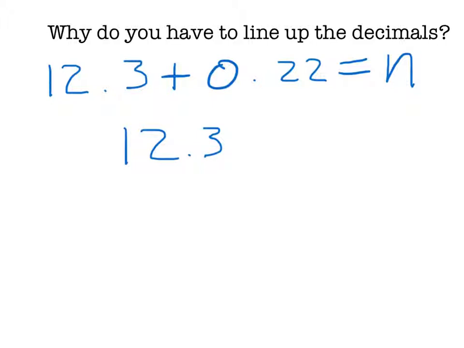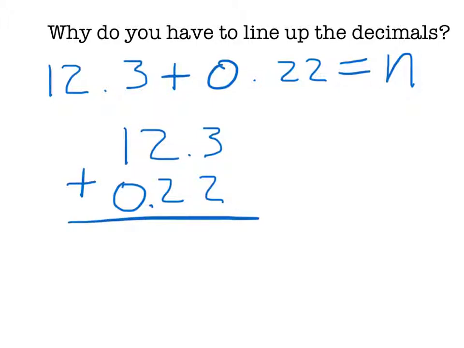12.3. I would just line this up like this. 0, 2, 2. And this is where my decimal point would be. And if we did this problem like this, we'd be adding the tens place right here to the ones place.